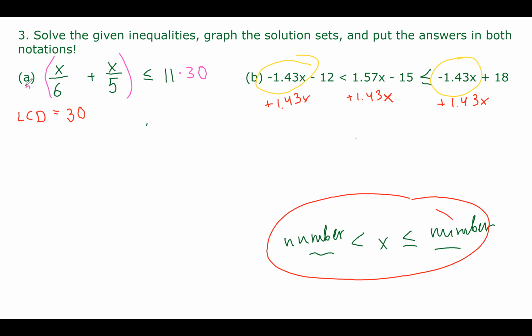And here I'll put the 30, 30 times. Now, what I have to do with the left side is use the distributive property to multiply 30 by x over 6 and 30 by x over 5. That will cancel the denominators. You'll see the simplifications there. And this one I can just multiply out.